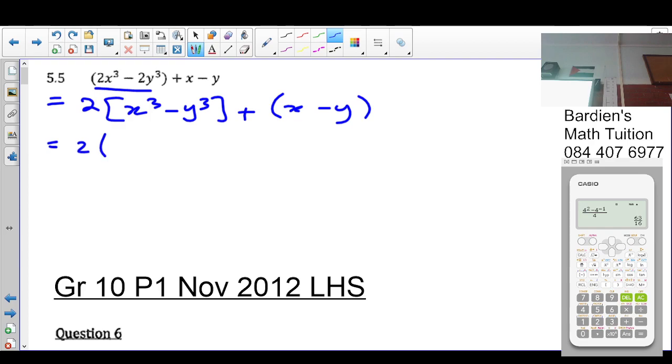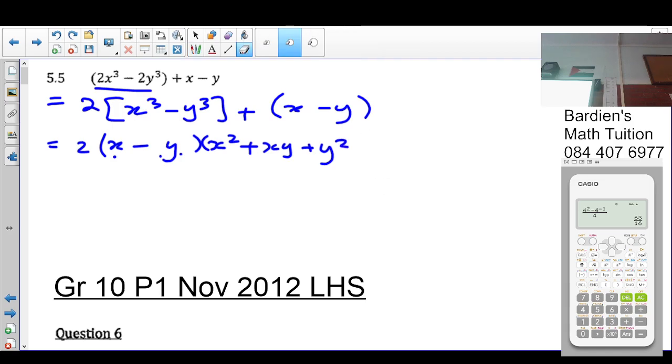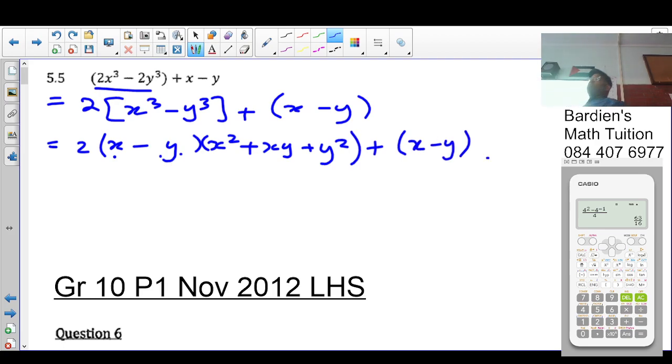So it's 2 into, what's the cube root of x cubed? x minus y. First term squared is x squared. It's negative, so that has to be positive, x times y. Last term squared. This must be added to x minus y. So what do you notice now? The common factor of x minus y.